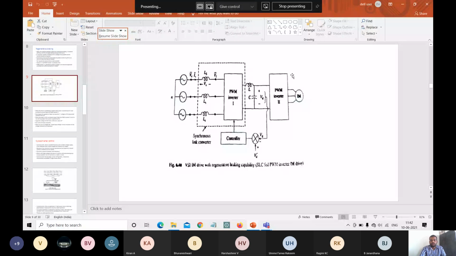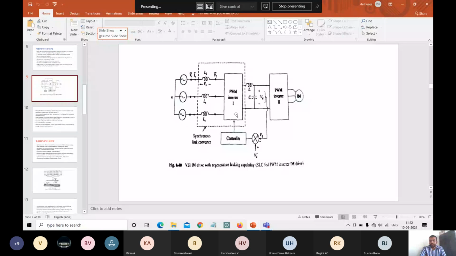So when the power taken by PWM inverter 2 from the DC link should be higher than the power supplied by the SLC when the load on the induction motor increases.